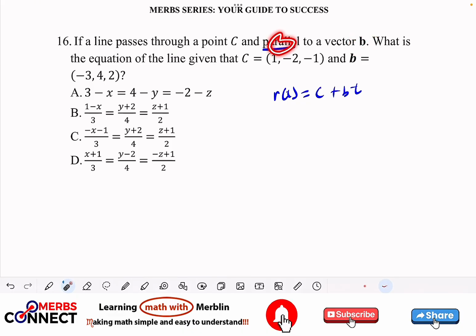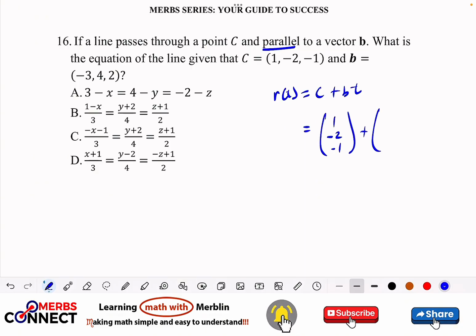But if this word is not here, then we need to look for vector CB before we put it here. So let's do that. C is 1, minus 2, minus 1, plus b will be minus 3t, 4t, 2t. Then remember, r of t is also the same as x, y, z.